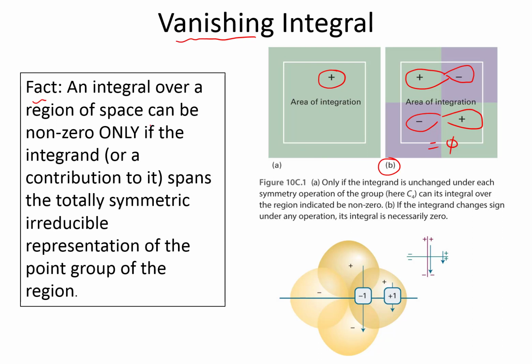Fact: an integral over a region of space can be non-zero only if the integrand or contribution to it spans the totally symmetric irreducible representation of the point group of the region. And we're going to find out that that really has to be A1. And as we know, A1, depending on which point group it is, is a series of ones all the way across where we don't have any change.